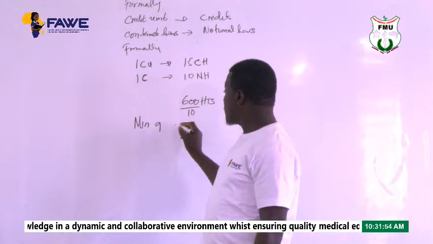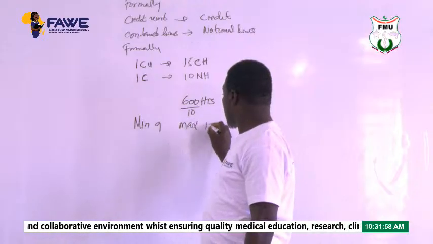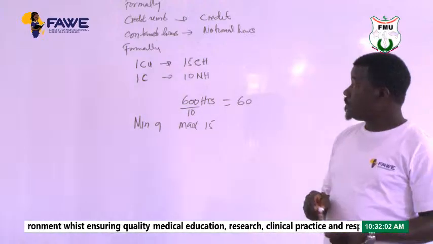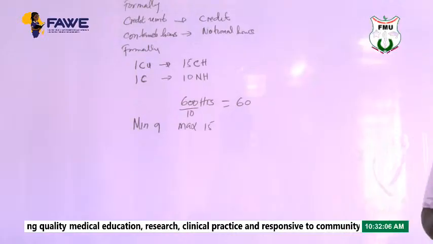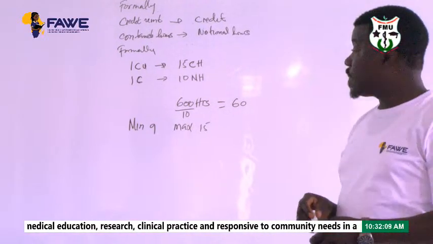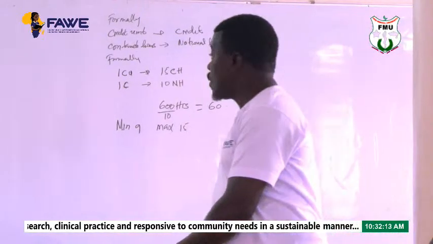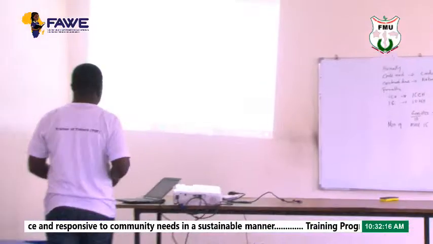The maximum is 15 credits, meaning that the minimum hours should be 90, the maximum should be 150. So you can't have 80, you can't have 70. Oh, so I think that was an oversight.